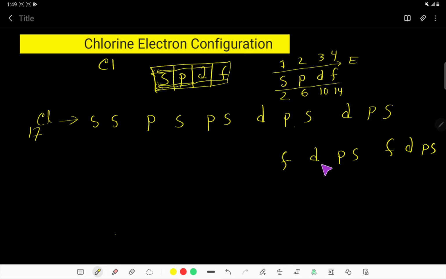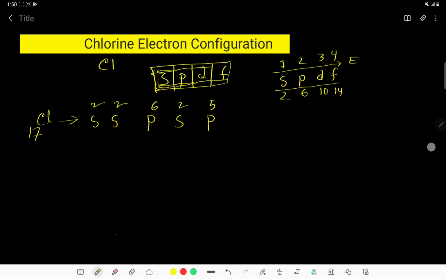You can write FDPS any number of times according to your need. It will depend on the number of electrons. So chlorine has 17 electrons, so write here 2, 4, 10, 12, 12 plus 5, that gives us 17. So we don't need these sublevels.